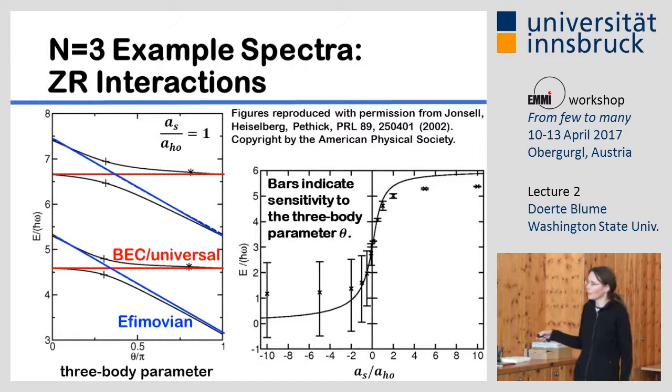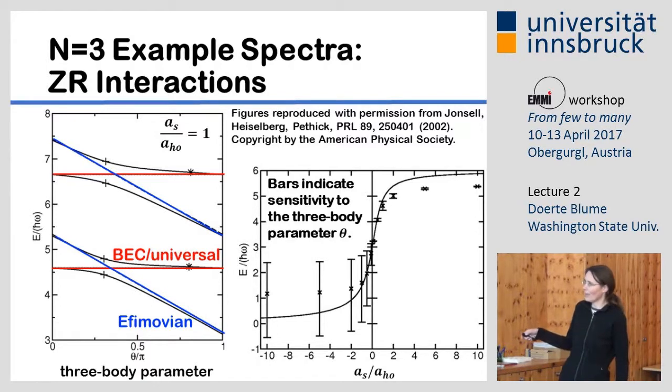On the right here, what I'm showing is the energy of three particles as a function of the scattering length. So for reference, the non-interacting system is in the middle of this plot.